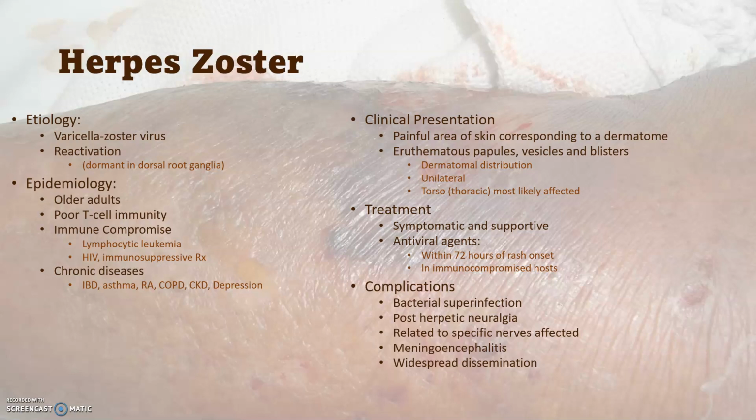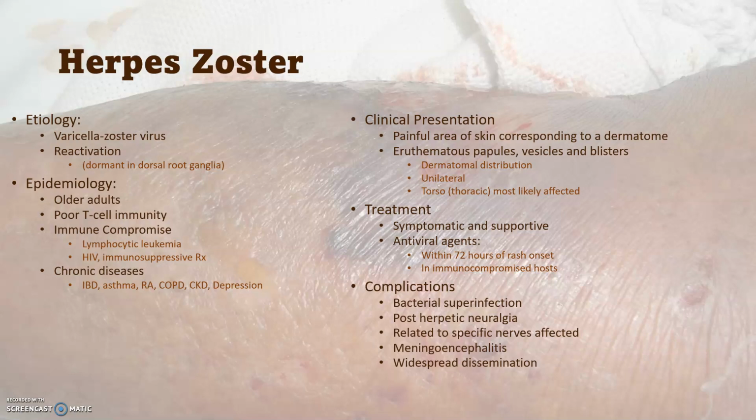After the pain, we then see erythema and erythematous papules, vesicles, and blisters developing. Treatment, by and large, is symptomatic and supportive. However, if the condition is caught within 72 hours of rash onset, antiviral agents such as valacyclovir will reduce both the duration and the severity of symptoms.